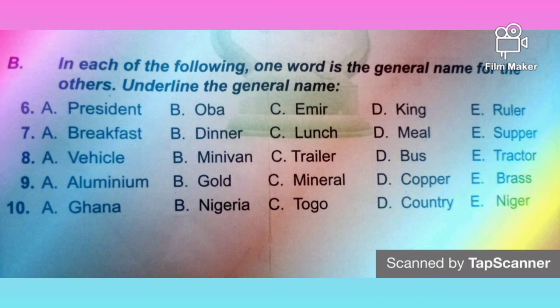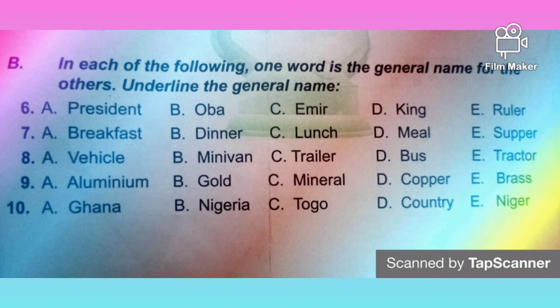C, emir. D, king. E, ruler. Okay, so which of these options is a general name for the others? Is it president? Is it king? The answer is ruler. A president is a ruler, and Oba is a ruler, and the others are rulers.